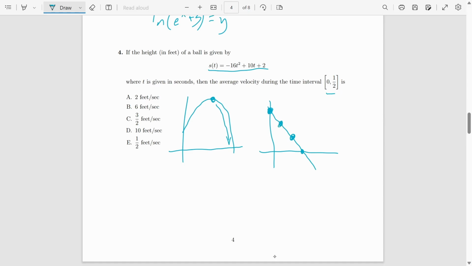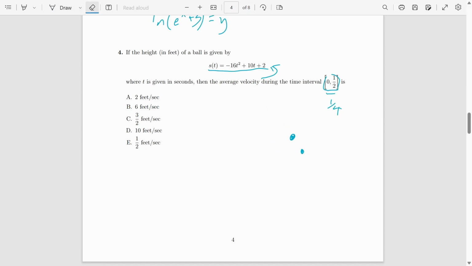So basically what we're going to do here is just find the velocity function, which is just the derivative of s of t, and then plug in the average of these 2 points, which is a fourth. So let's go ahead and do all of that after I erase this. So s of t is negative 16t squared plus 10t plus 2.